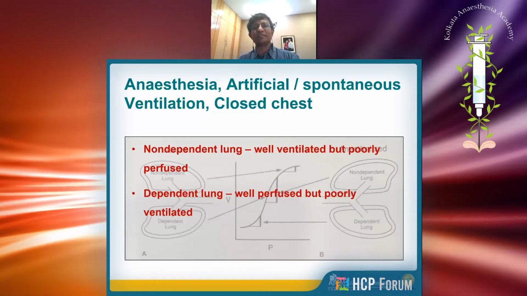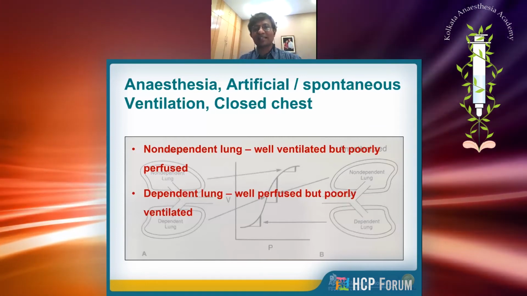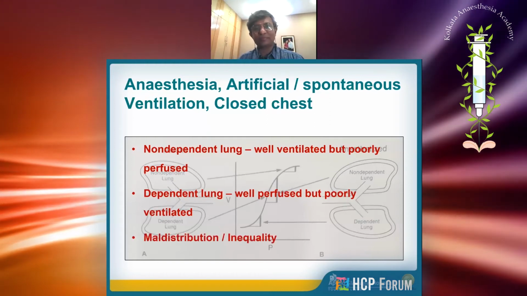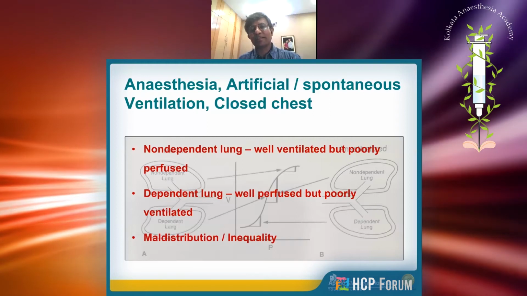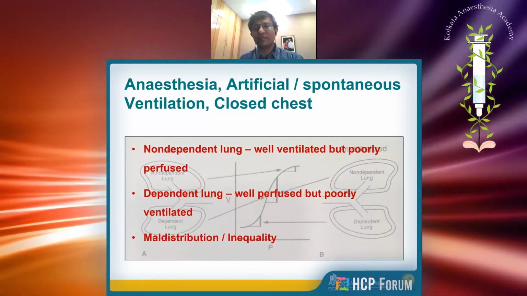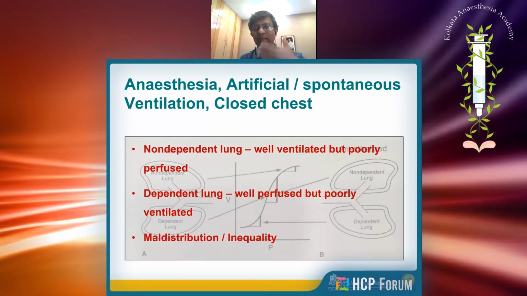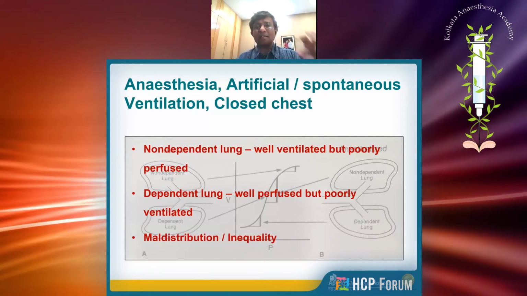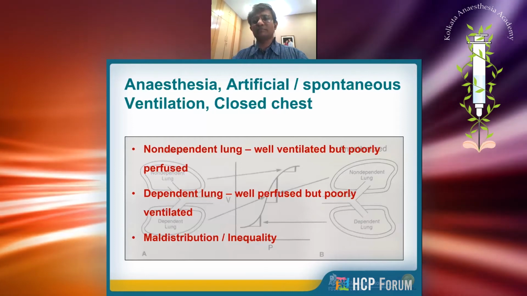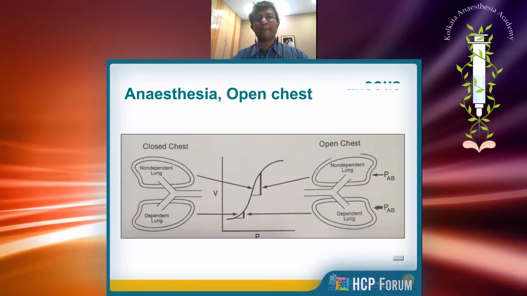Okay, so this is still with the chest closed. This essentially comes down to the maldistribution of ventilation and its inequality with perfusion in the lateral decubitus position under an anesthetic, more so if it is with a paralytic agent.